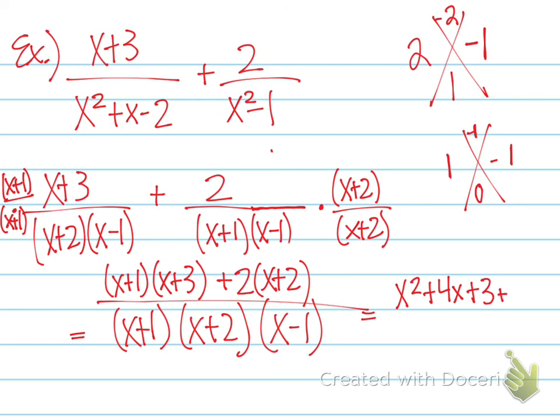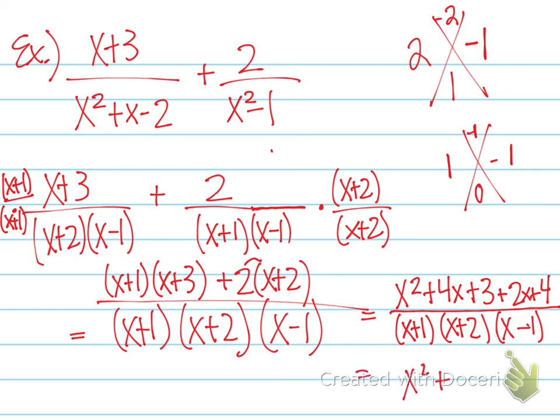If I distribute this 2, I have plus 2x plus 4. Remember, we only combine our top. If I simplify the top, I'm left with an x squared plus 6x plus 7. All of that is over these three factors.